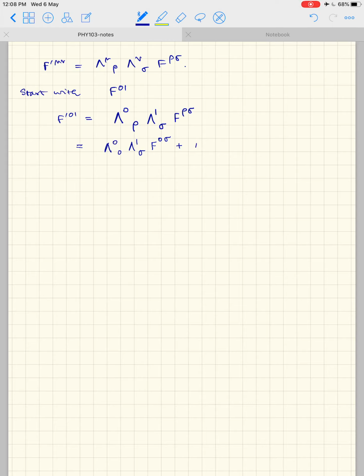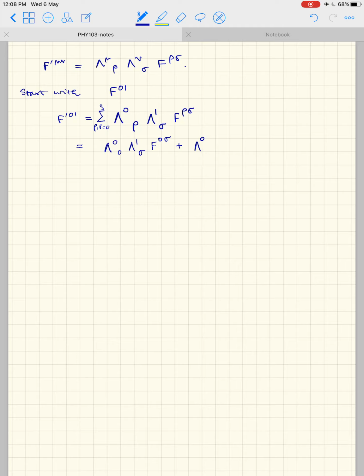Remember that this implies a sum over rho and sigma which runs from 0 to 3, right?